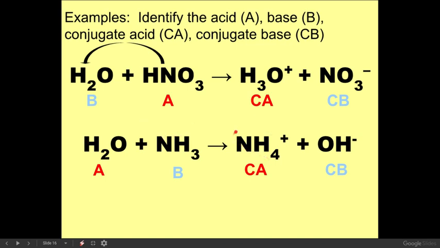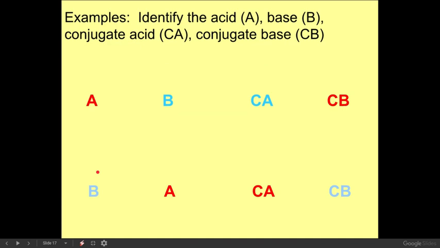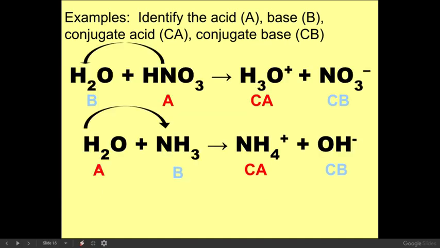And so on the right side of the arrow, we have NH4 because this gained the hydrogen, and this one lost the hydrogen. So this acid becomes the conjugate base here. This base becomes the conjugate acid.